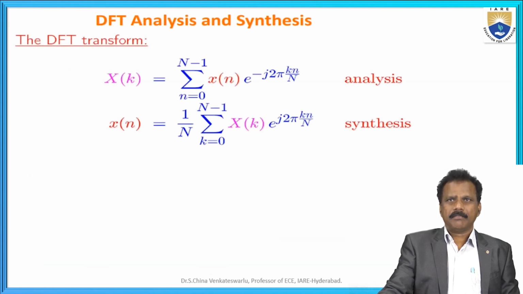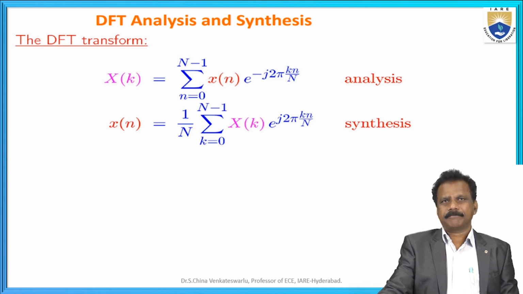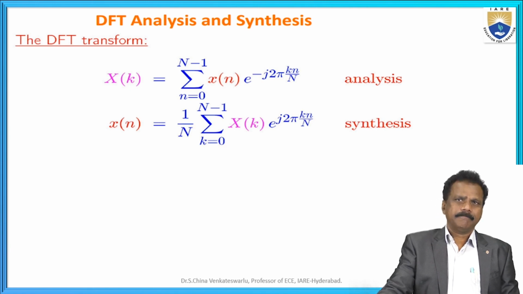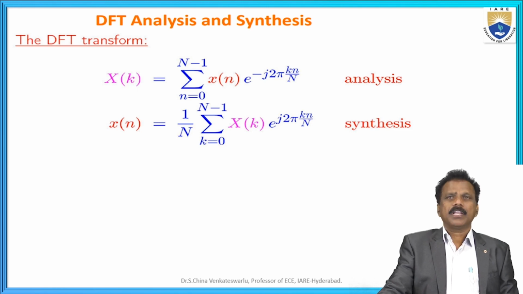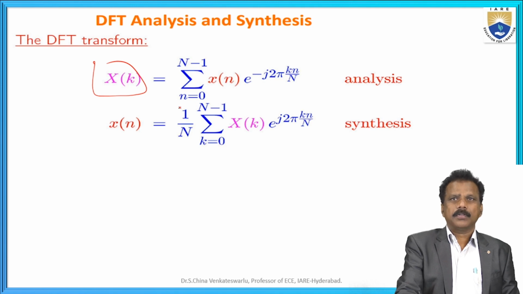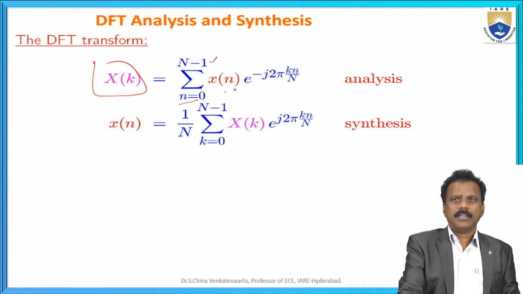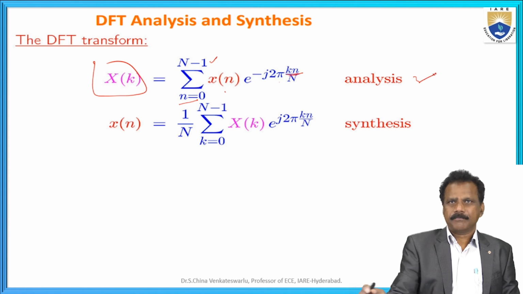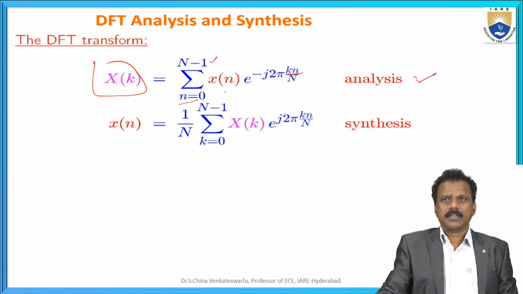Now, DFT analysis and synthesis. The discrete Fourier transform is given by X(k) equal to the summation n equals 0 to N minus 1 of x(n) e^(-j2πkn/N). This is the analysis equation.